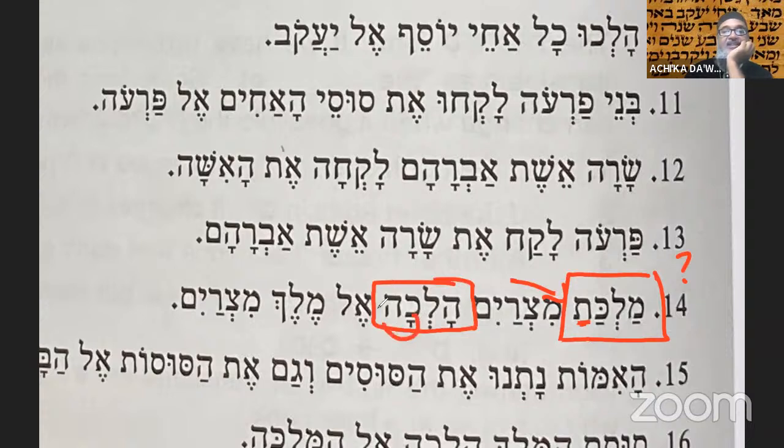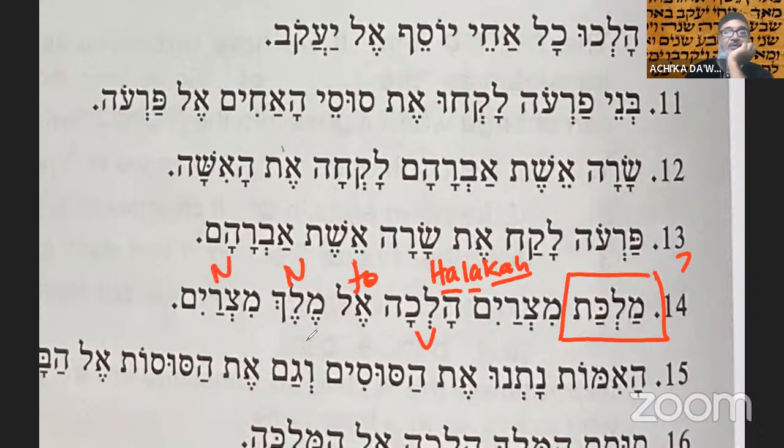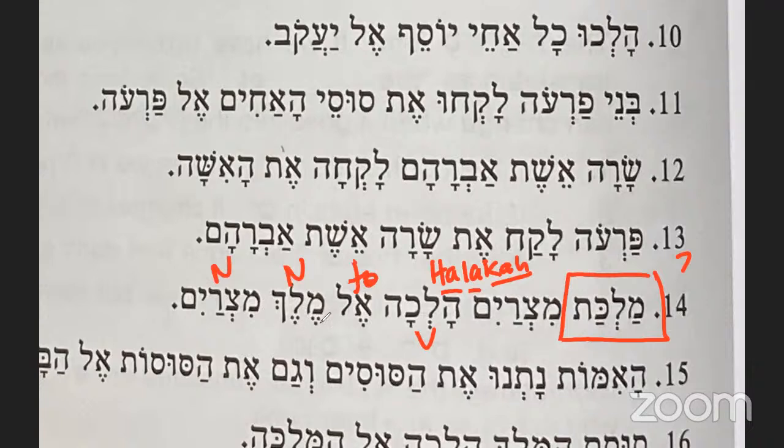You see the ah right here? It lets you know this is feminine, okay? She what? She went, because halak means to go, right? Halak. But now we put the halaka. That's the verb. Okay. Where did she go? To where? To who? There's two nouns. You don't need to change it because you don't know. She went to where?